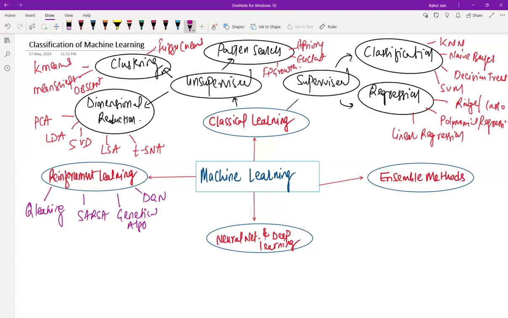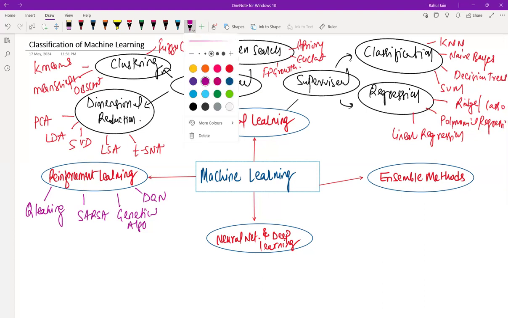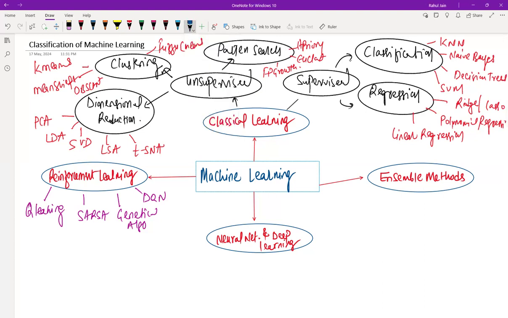Thereafter, in ensemble methods, we can put boosting algorithms, bagging algorithms, or stacking.